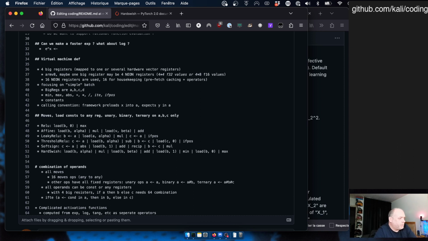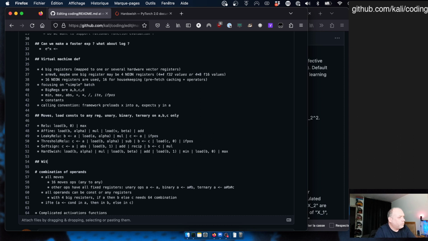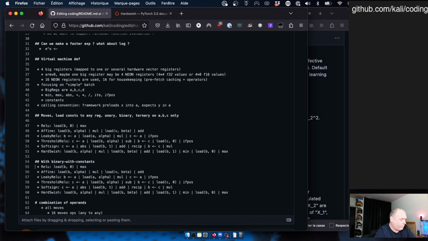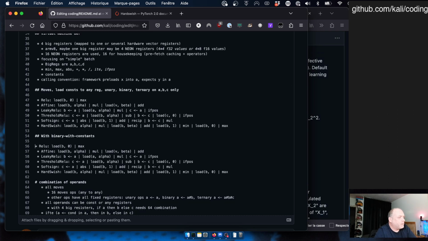So let's try to see what happens with binary with constants. So in that case, well, this one, and so yeah, it's like that actually. Binary.